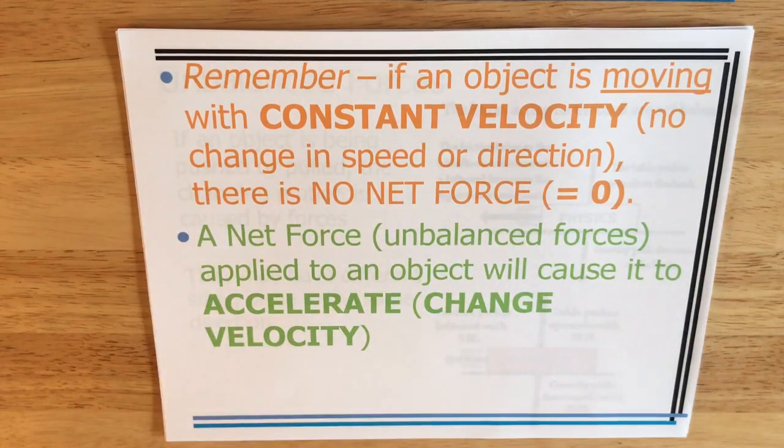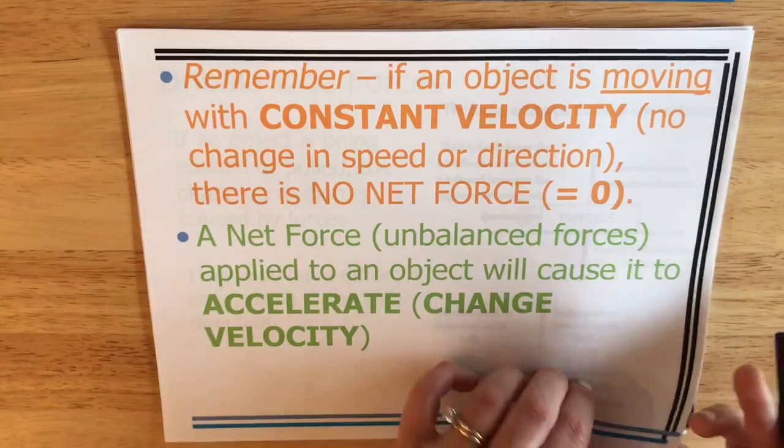Otherwise, if you're rolling across the floor like a ball, it eventually slows down and stops because there's friction that's going to slow it down. A net force, which is unbalanced, applies when an object will change its acceleration, which means it changes its speed. So that's typically what we see in real life because we have these frictional forces. Something's going to slow down because there's friction against it, whether it's fluid friction in the air or rolling friction on the floor, whatever that might be.